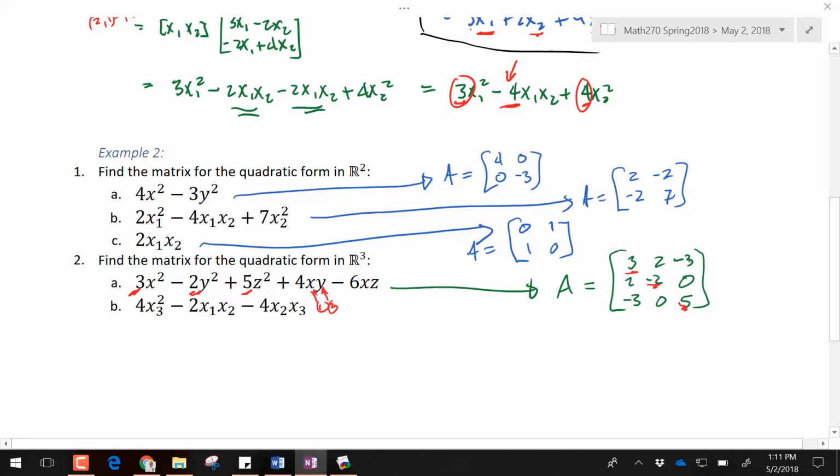So at the 1, 2 and the 2, 1 spot would be 4 split in half. And then here it's the 1 and 3 spot. So at the 1, 3 and the 3, 1 spot is negative 6 cut in half, so that's negative 3. And there's no yz term, and so the yz term would have been zeros in this case.